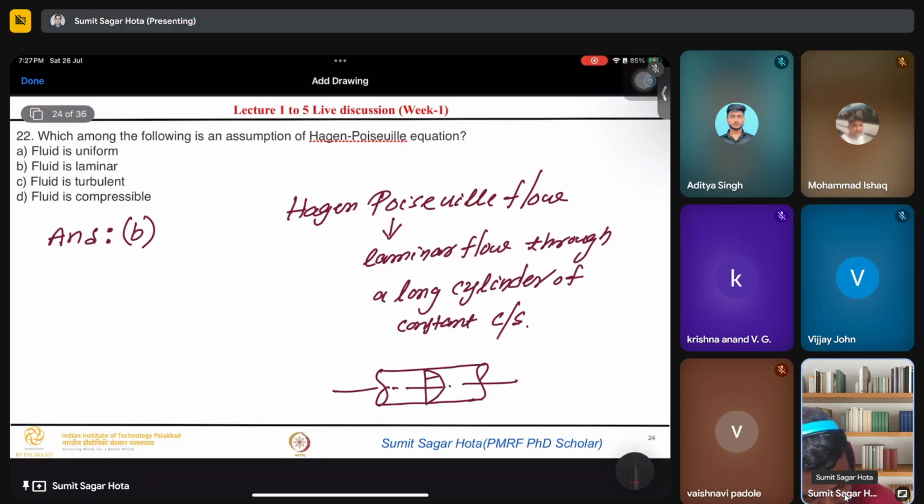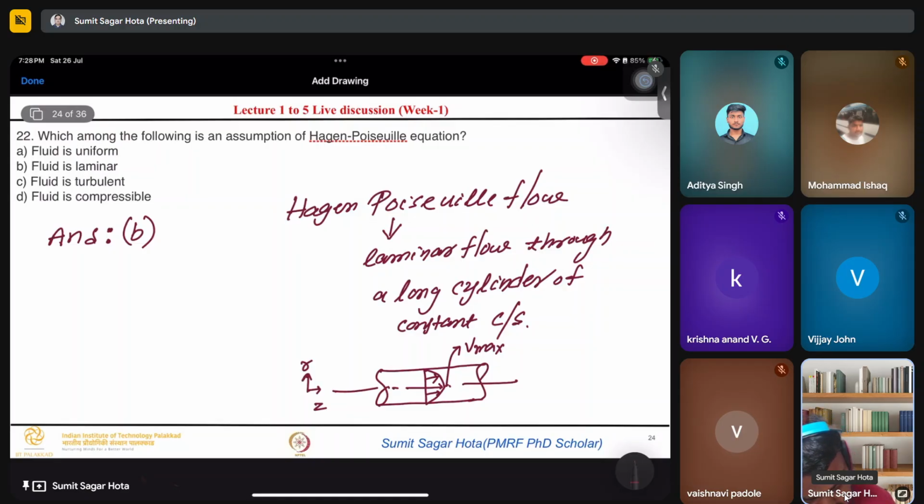So the velocity profile looks like this. Here it will be your Vmax. This is your r, z, and r direction.